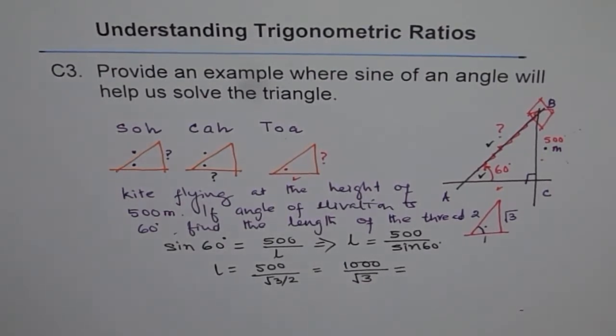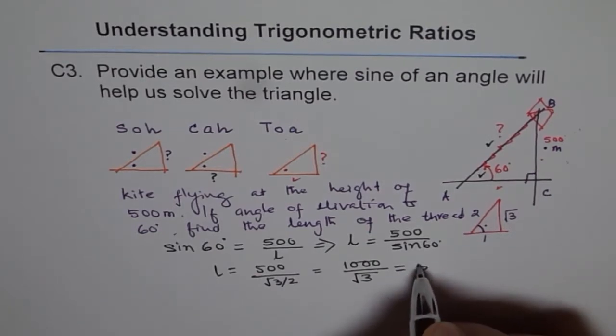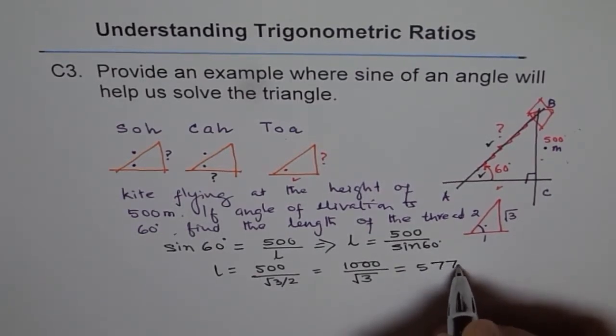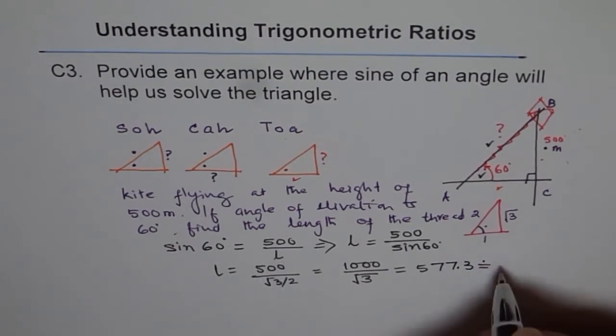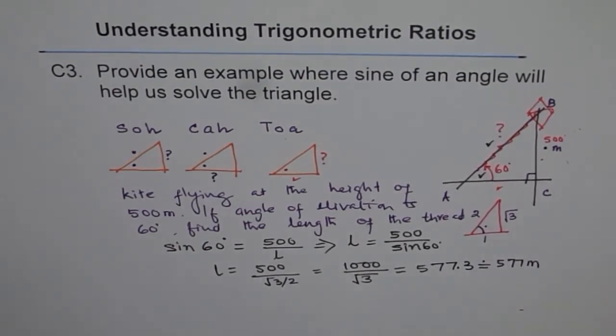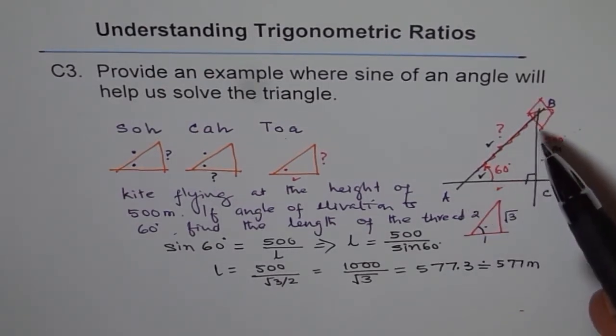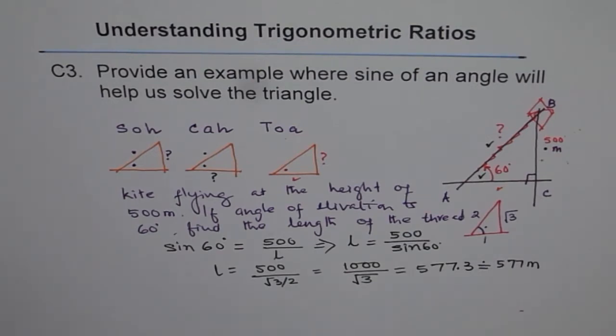So we can use our calculator and find the answer. 1000 divided by square root 3 is equal to 577.3, or approximately 577 meters. Of course, that length has to be greater than 500. It's the hypotenuse. So that is the answer for this situation.